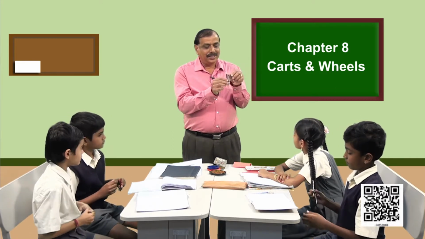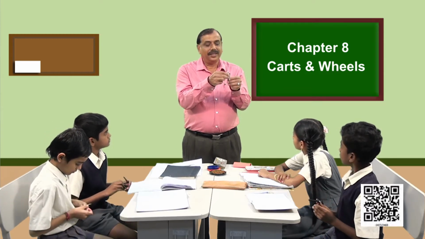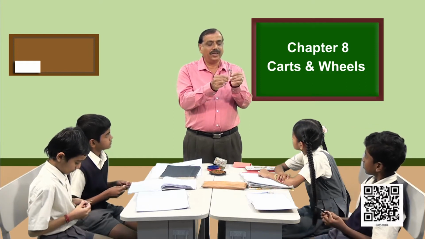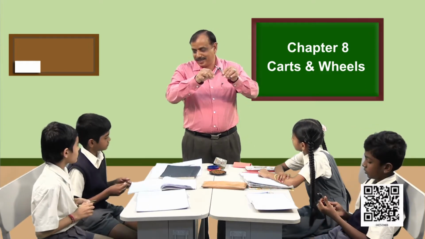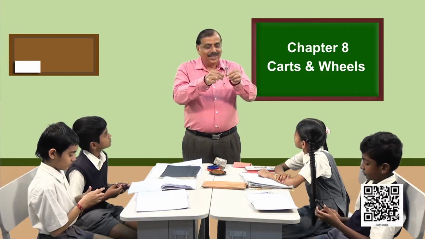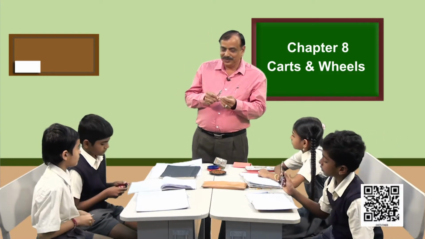Once this has been fixed, at the top of this compass, at the vertex, we can make a free movement. We can move it with both the hands. So, when I want to draw a circle, what should I do? Which point should I fix on the paper?